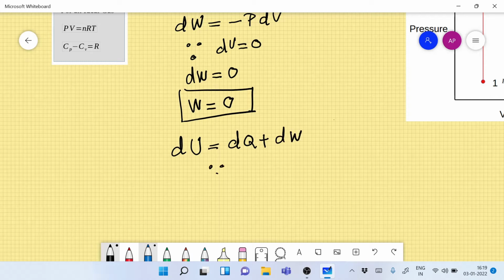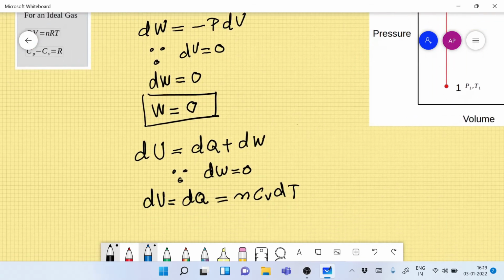Since dW is 0, we get dU is equal to dQ. Now this can be written further as n, the number of moles of the gas, into Cv, that is the specific heat at constant volume, into dT, which is nothing but the change in temperature.